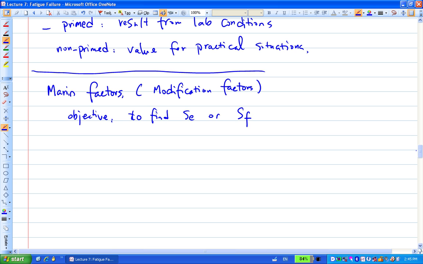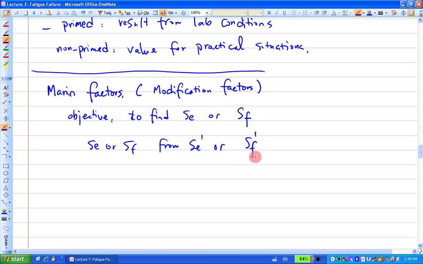As I said, we're going to try to get SE or SF from SE prime or SF prime. SE prime and SF prime can be obtained from experiment. But what if you don't have the luxury of doing an experiment to get SE prime and SF prime?